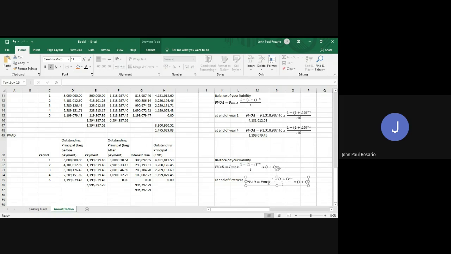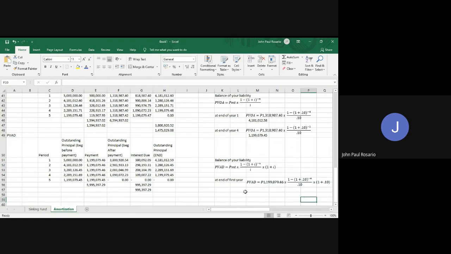So our payments for annuity due, it's 1,199,079.46 and then 1 plus 0.10 raised to the power of negative n. So pila ka buok years pa ang kulang, that's 4 years. And then again 5 minus 1, 4 naman. And then here 1 plus 0.10.